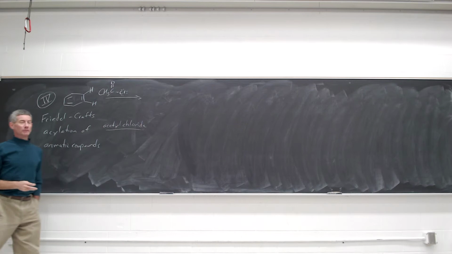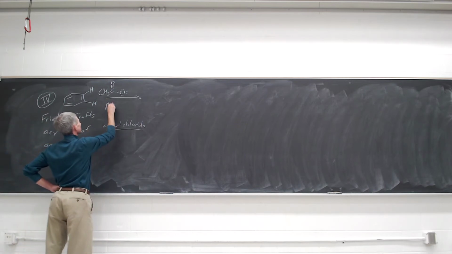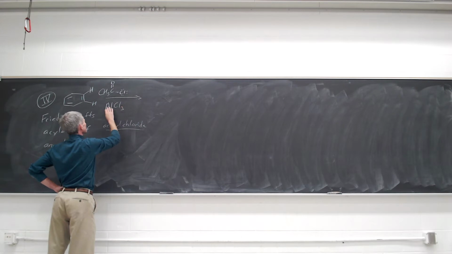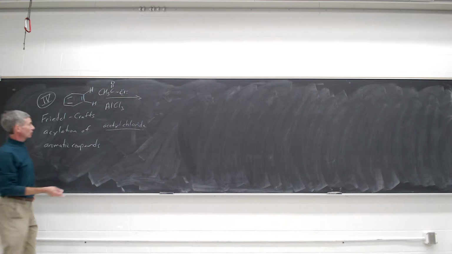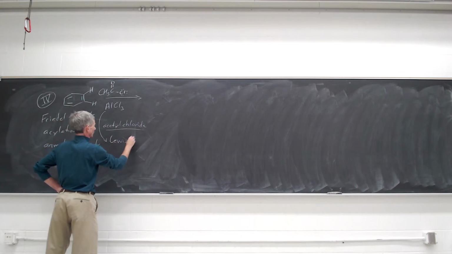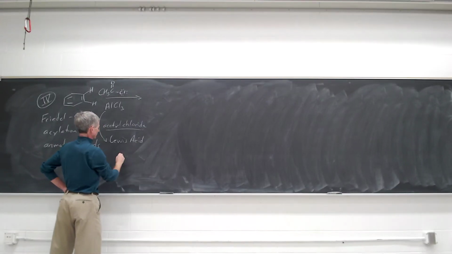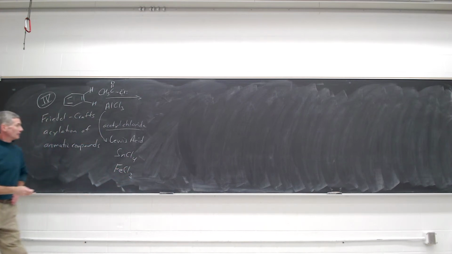This is a simple acyl chloride with a Lewis acid, often aluminum chloride, but it could be ferric chloride, FeCl3, or tin tetrachloride, SnCl4. A Lewis acid chloride, basically.